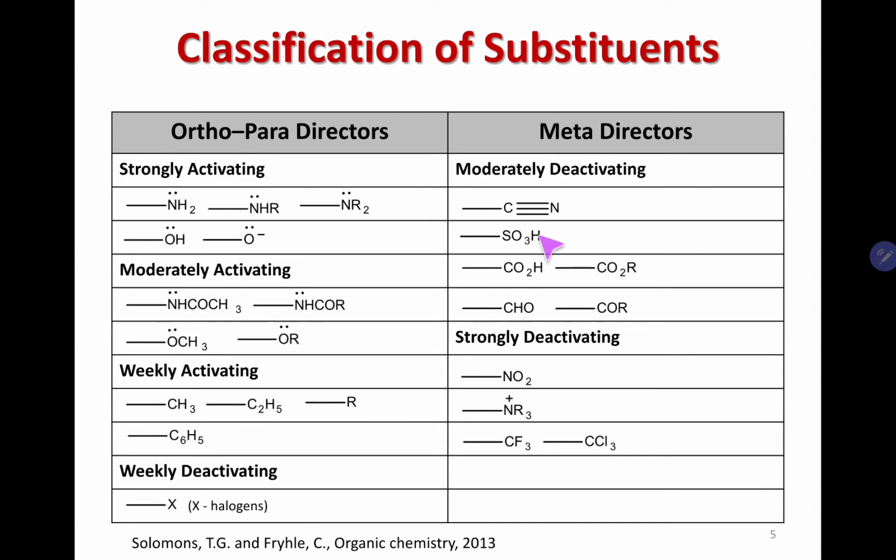That means if you have one of these groups already present on benzene, it will try to discourage benzene from getting another electrophile. Why?